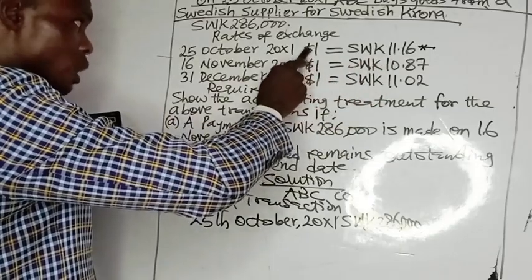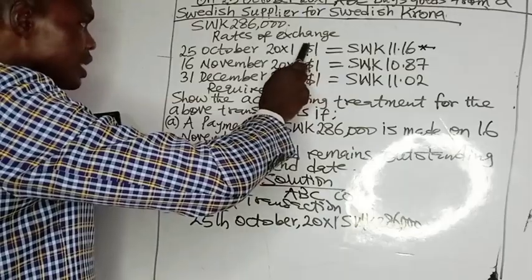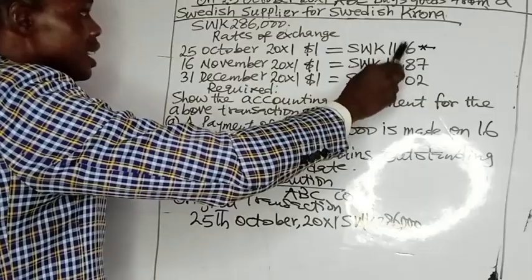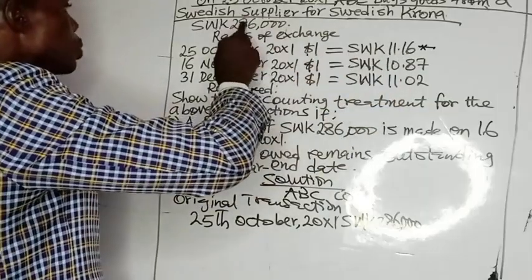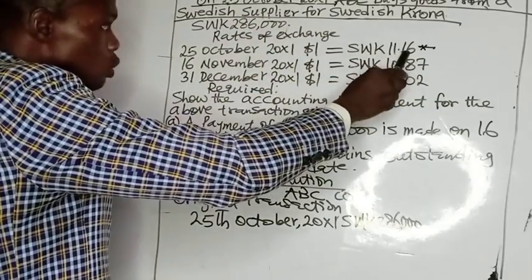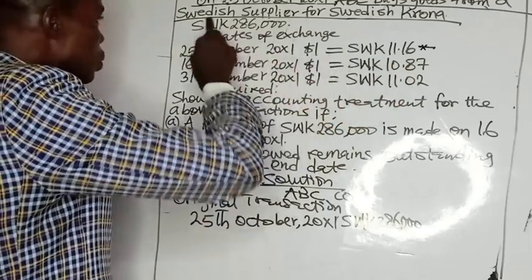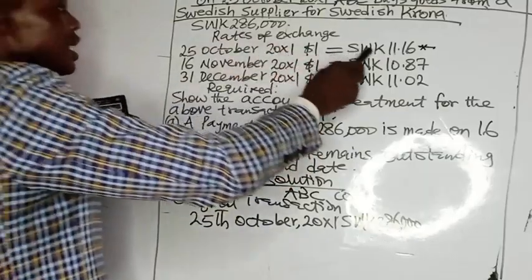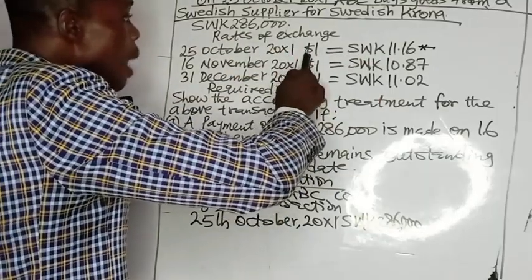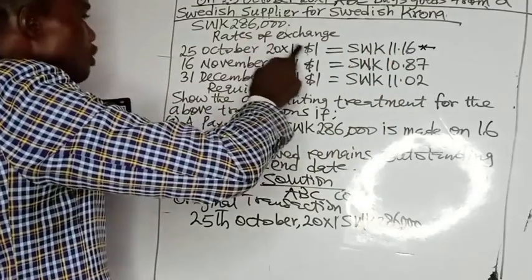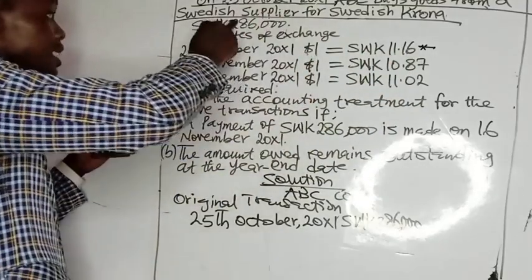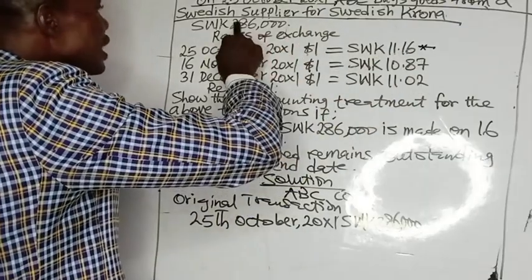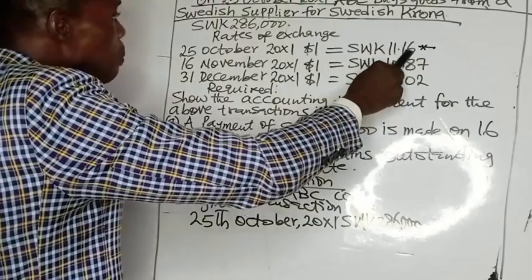Neither is in 1, so you divide. But if you have 1 krona equal to this dollar, if krona is in 1, then you multiply. So in this case, you will divide 26,000 by 11.16.